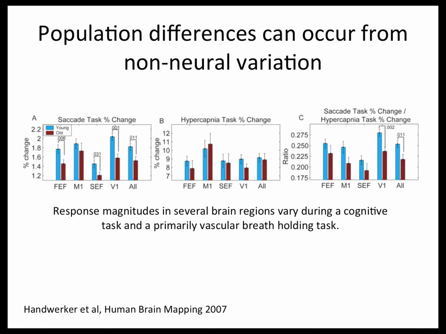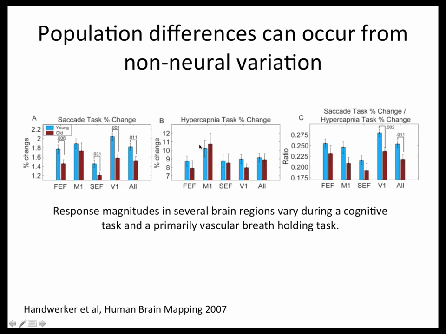I've talked a little bit about population biases. Here is an example of a study across populations, just seeing if there's a difference between younger volunteers and older volunteers. And what we could see is during this task where people were moving their eyes, pressing a button, and seeing a flashing checkerboard, the response in the younger population was almost always larger.